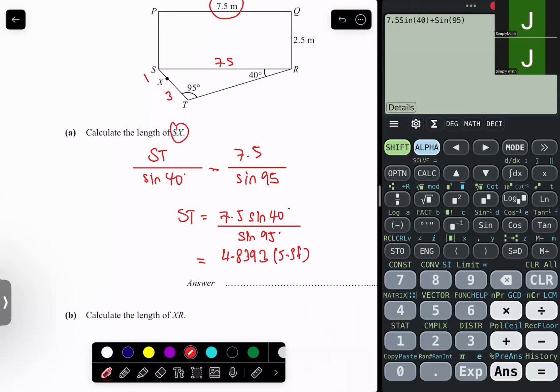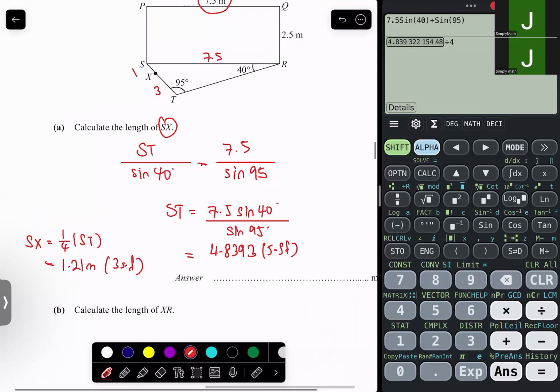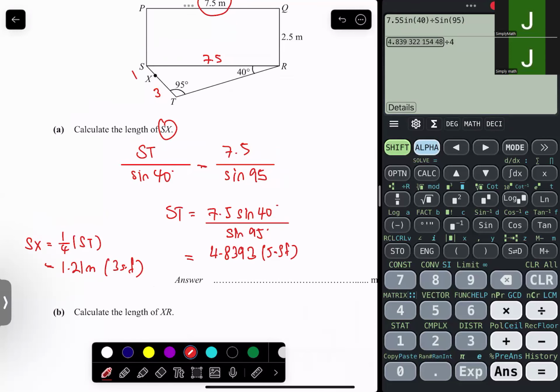Now, SX is 1 unit out of ST, so SX is equal to a quarter of ST. So that equals 1.21 meters, 3 significant figures. Calculate the length of XR.